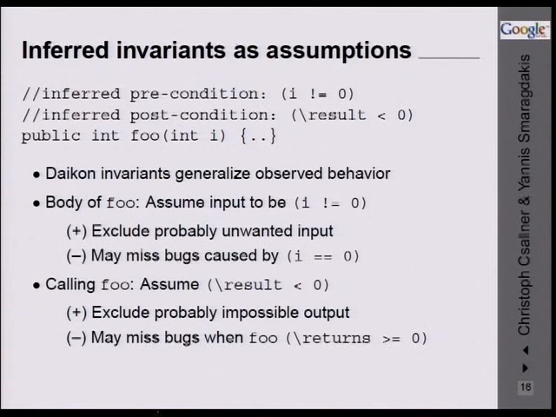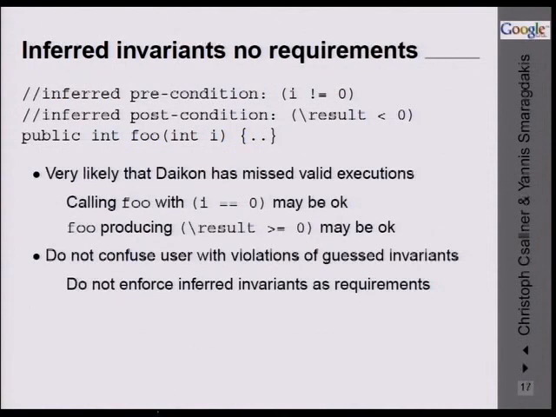So we're not going to use it as a requirement, as was suggested before. So using it as a requirement would mean that we enforce every time that a method is called that the caller only passes values inside the method that satisfy the precondition, because that might lead to additional false positive warnings.